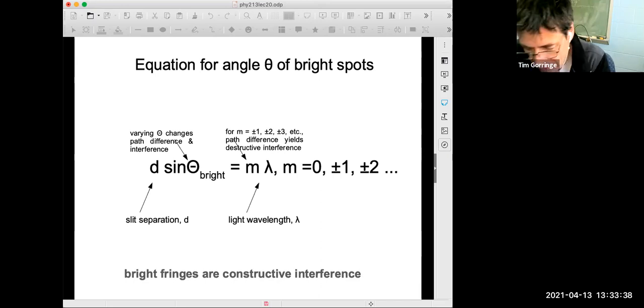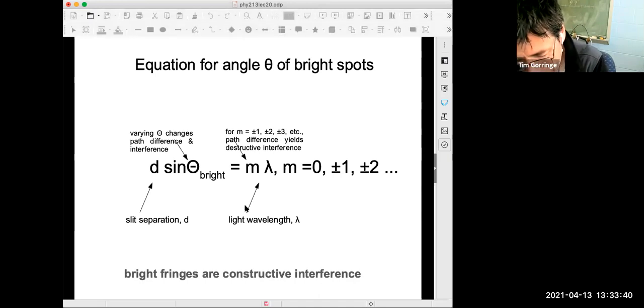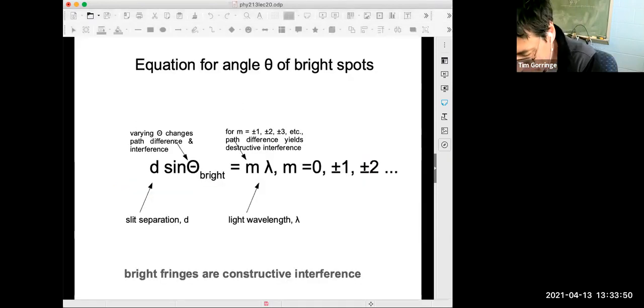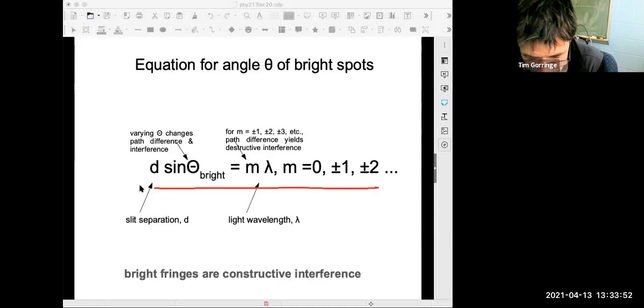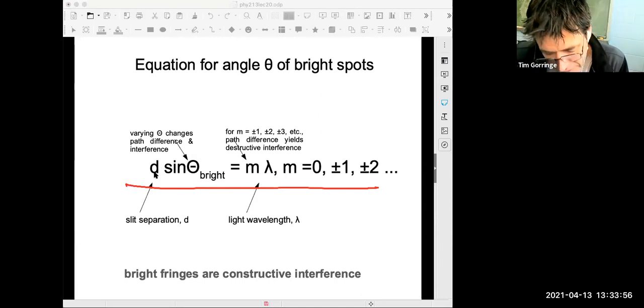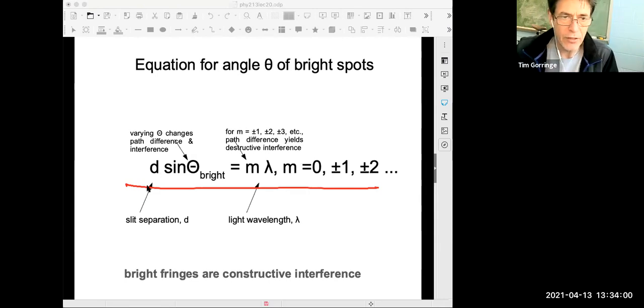In this equation, d is now the slit separation for the diffraction grating.